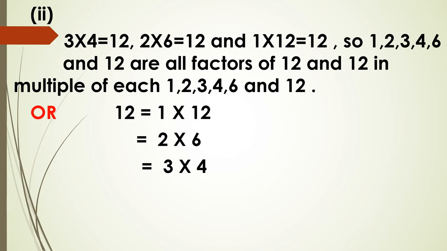Now 4 we will not write down, 4 3s. Why? Because when we write down 4, the numbers will repeat. There is no use of writing. 3 fours is also 12 and 4 threes is also 12. So now numbers will start repeating, so we will not write down now. So the factors of 12, in ascending order, that is smallest natural number first, are 1, 2, 3, 4, 6 and 12.